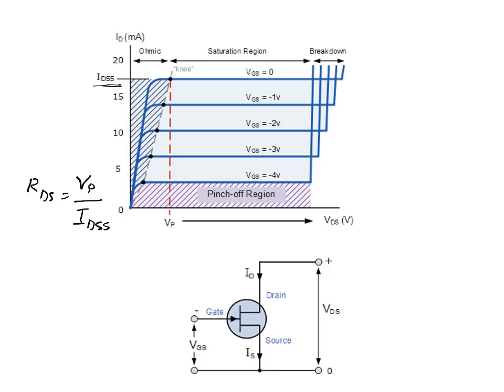This is the drain saturation current. So at this point we have IDSS and we have VP. So if the transistor is working in the ohmic region, it will be acting like a resistor, and the value of this resistor can be calculated. We call it the ohmic resistor, and it's going to be the pinch-off voltage over the saturation drain current, the maximum drain current, which is this value, IDSS.